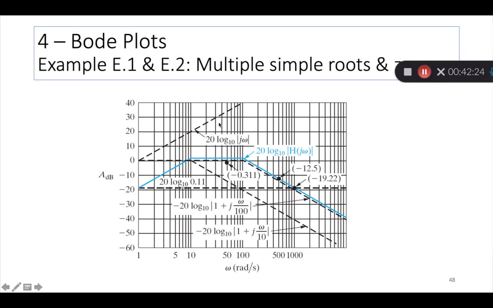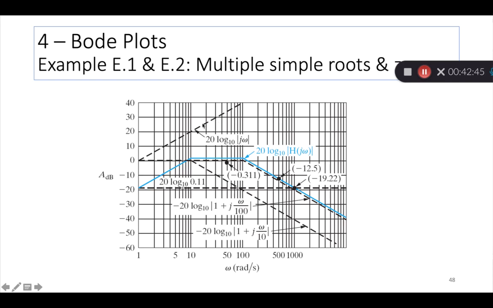There is this plot, there is this plot. Actually there should be a total of 4 plots. Yeah, there's actually a total of 4, because there's also the constant term, the 0.11. So there is a straight line for the 0.11.